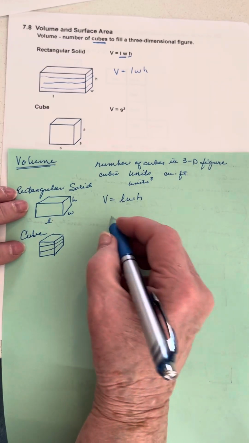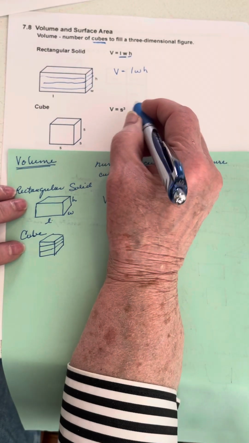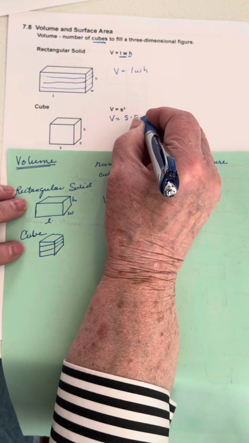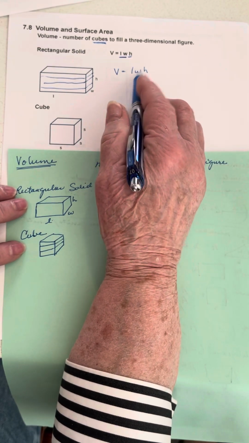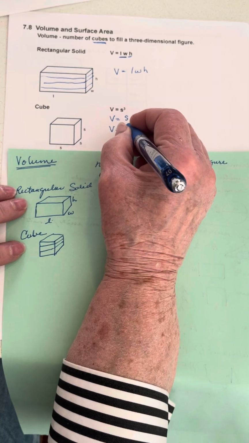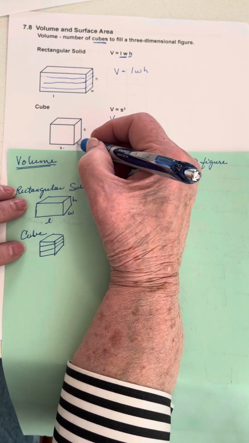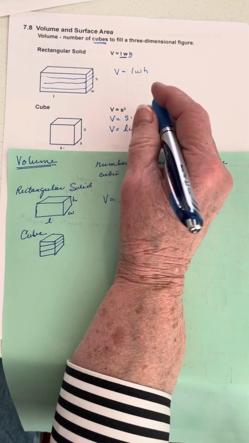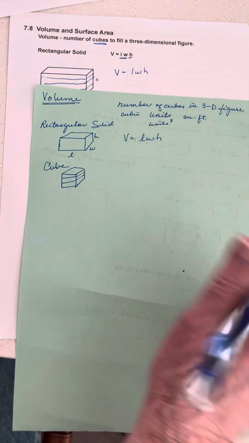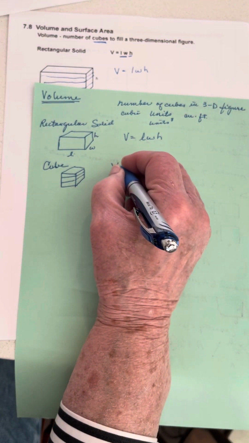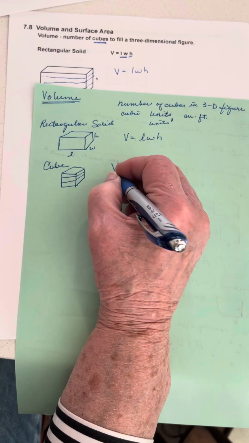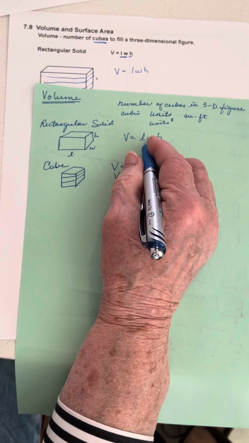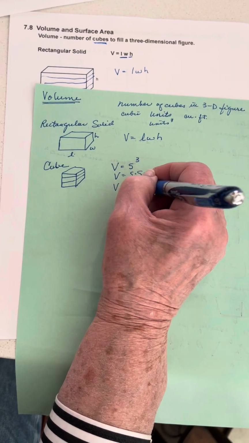So what we're going to do is take the volume, side times side times side, or if you want, you can use this formula up there. All the numbers will be the same, this times this times this. Or the shortcut way of writing it would just be the side cubed. So let's write our formulas down here. That's the easiest one. What that means is this, or we can use this formula, length times the width times the height.